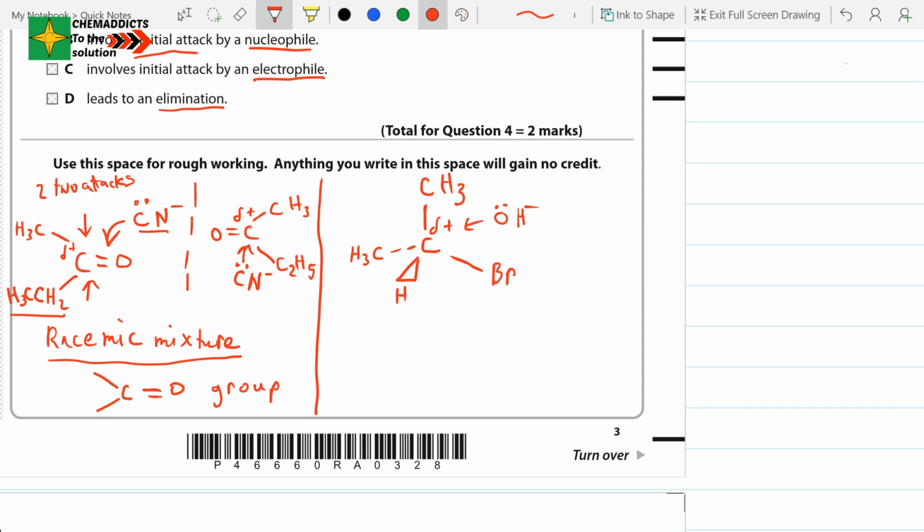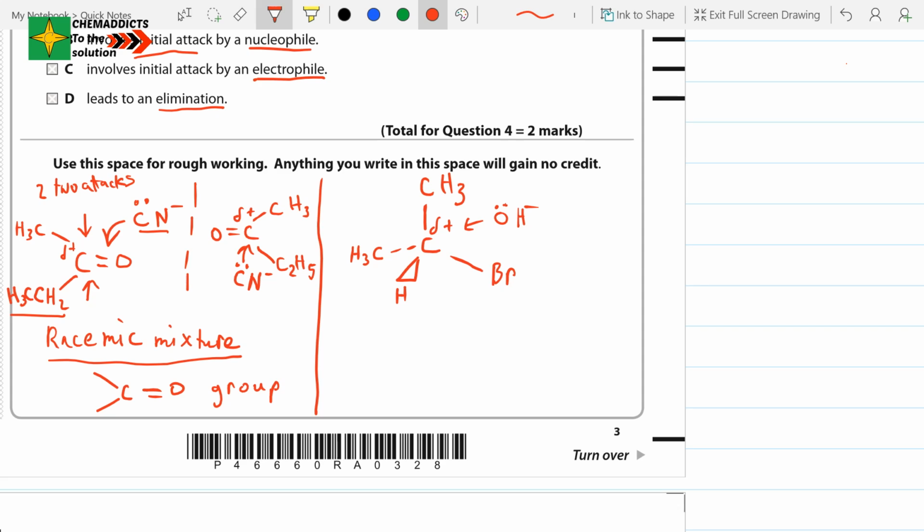Now let us have a look at this structure. Here we can see that this structure has a tetrahedral arrangement, since there are four groups attached to this carbon atom.